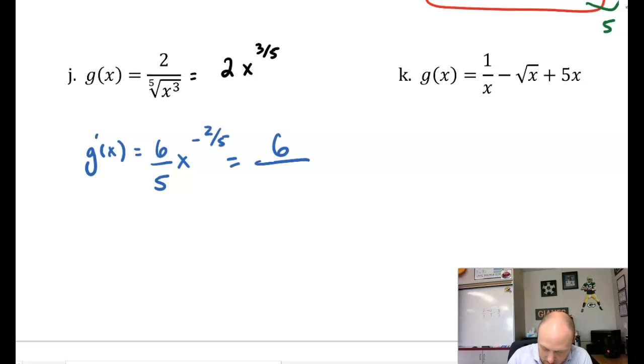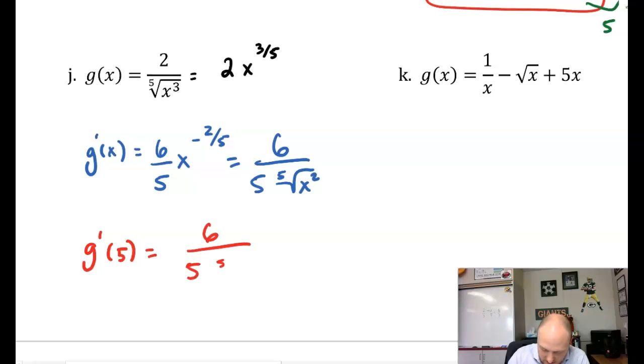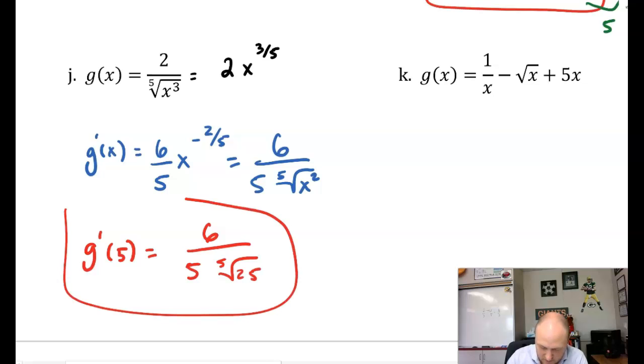So I'll go ahead and clean this up. I'll move that x to the power of -2/5 into the denominator. That's the 5th root of x squared. So there's G prime. And then G prime of 5. So now I'm computing 6 over 5 times the 5th root of 25. There you go.